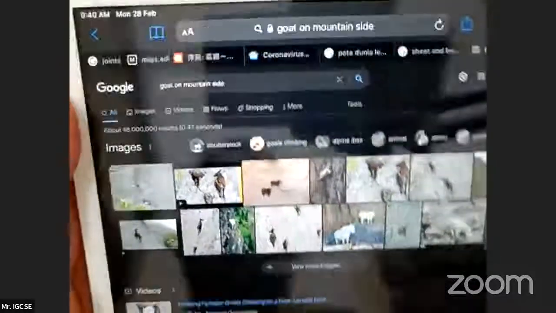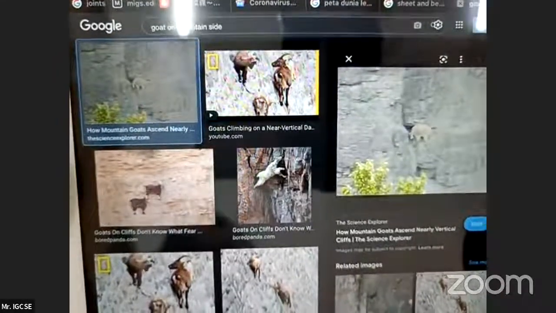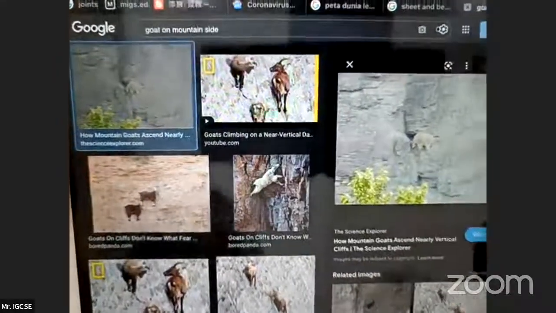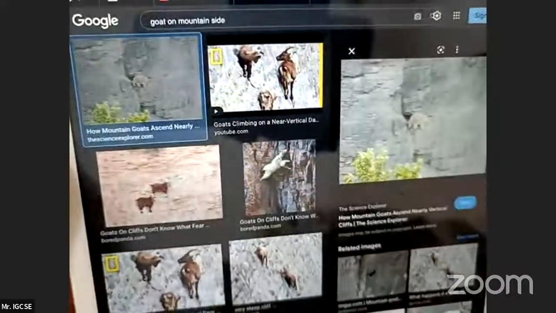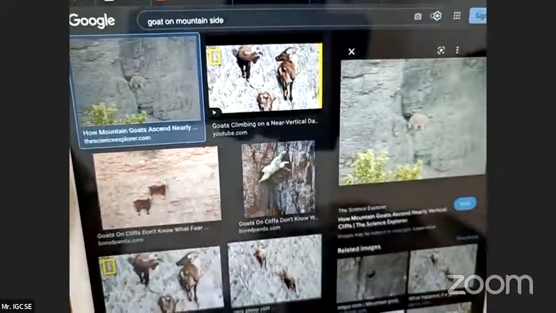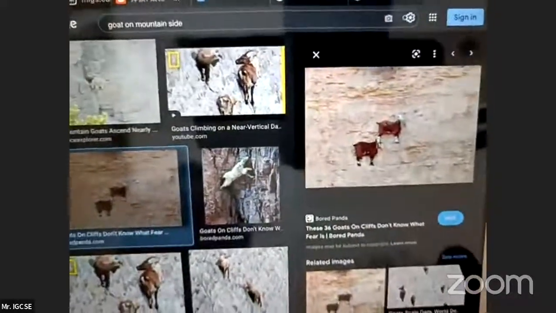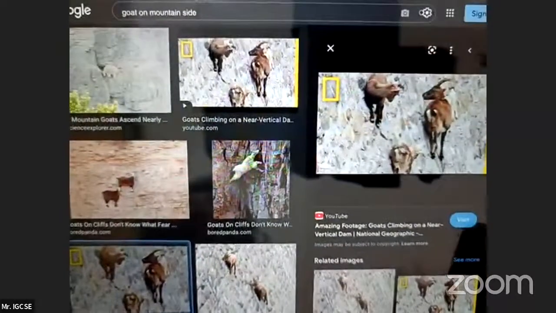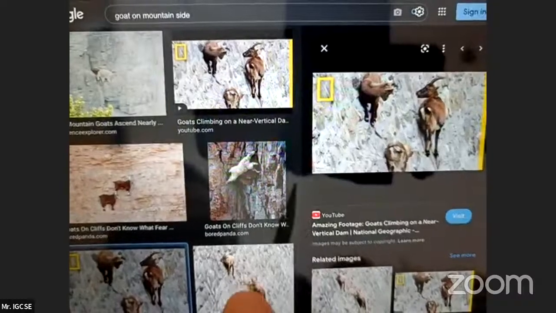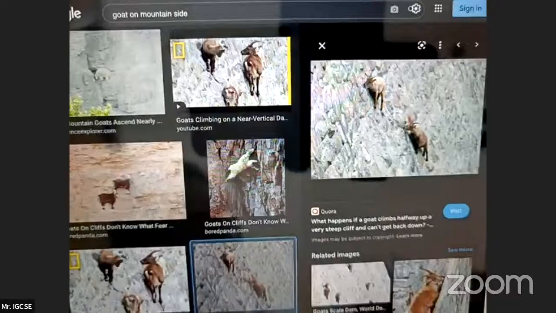This is how the mountain looks. You see that actually the goat can stand on a very steep cliff.